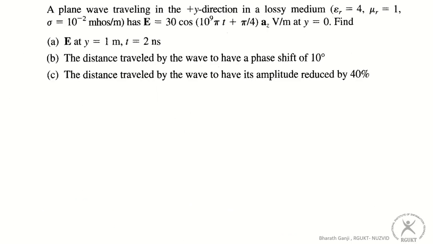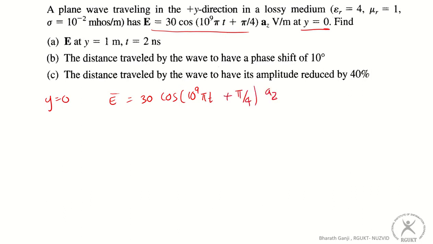If you see this next one, the electric field expression is given. At y equal to 0, the electric field expression looks like this: 30 times cos of 10 pi t plus pi by 4 into az cap. Somewhere the equation y equal to 0 was put in, but it was said the wave is traveling in a positive y direction.